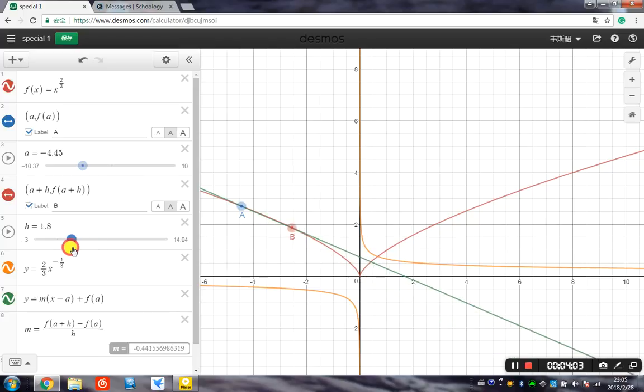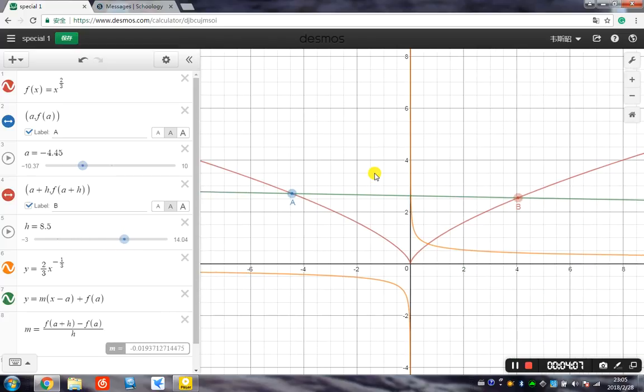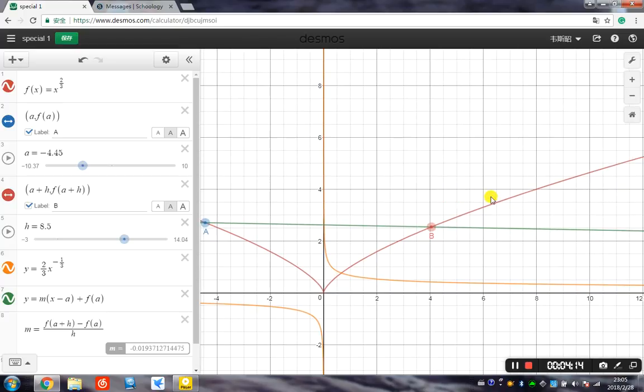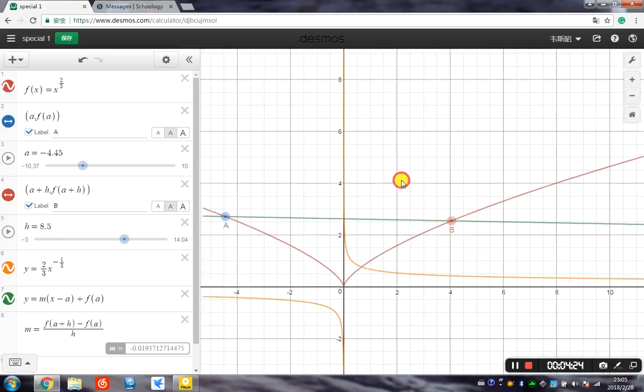So we can see that if we change the value of h and make it approach 0, this does not hold for every function. For every other function, when we make h approach 0, the secant and the tangent approach each other.